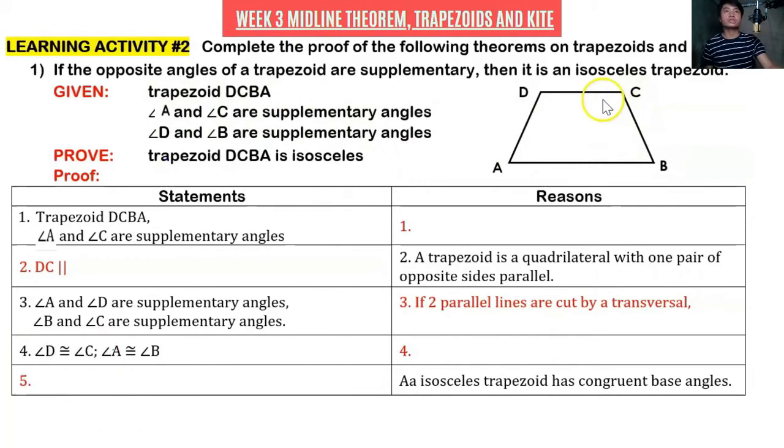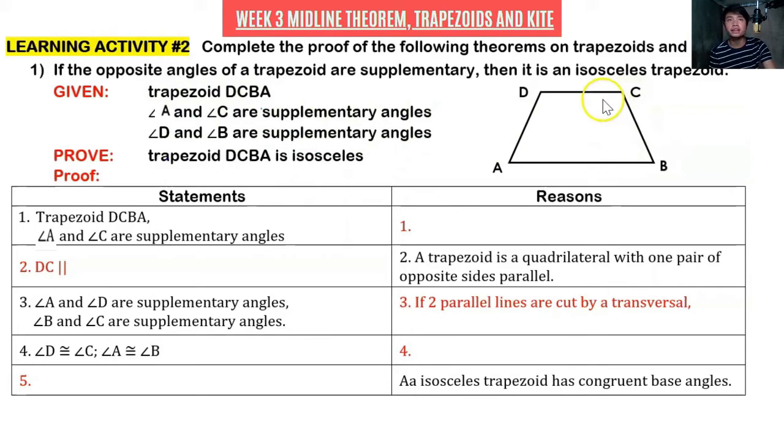So, okay, class. Dito na tayo sa learning activity number 2, yung proving. Complete the proof of the following theorems on trapezoids and kite. So, ito yung number 1. If the opposite angles of a trapezoid are supplementary, then it is an isosceles trapezoid. So, ano ba yung given?